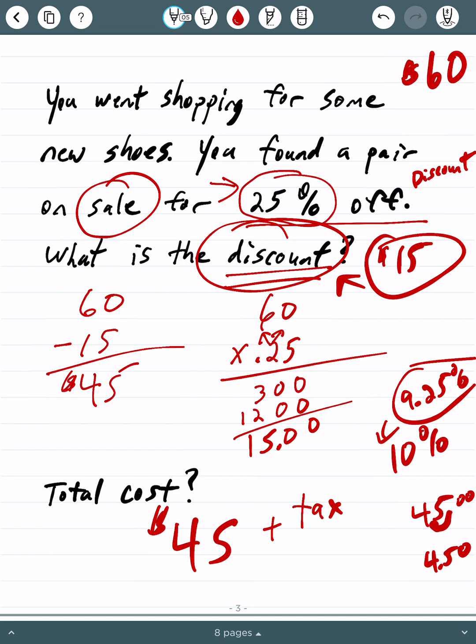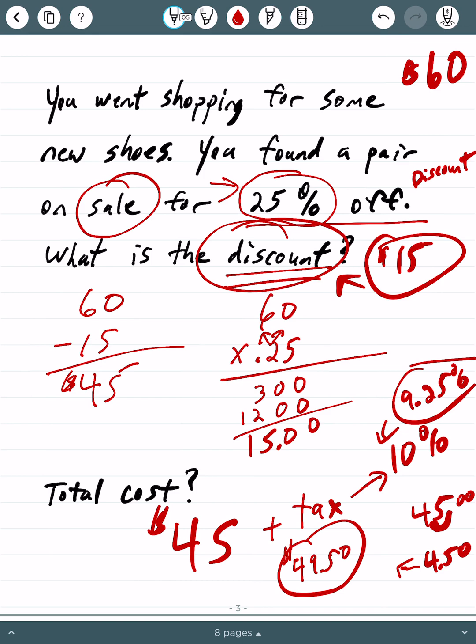In my head, that's a little high because it's not 10%, it's 9.25%, but I can get a really close estimate while I'm standing there trying to figure out how much something's going to cost when I use 10%. So 10% of $45 is $4.50. And then I can add that easily in my head, and I know that this is going to cost, with tax, probably somewhere around $49.50.